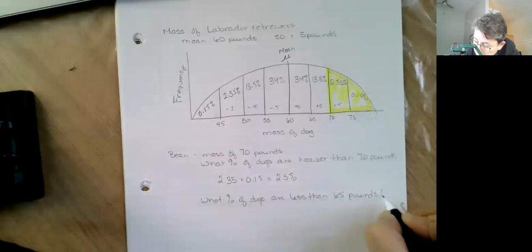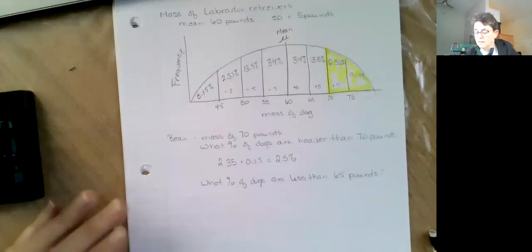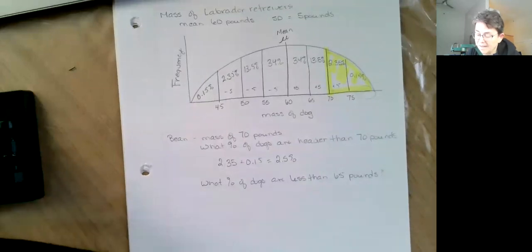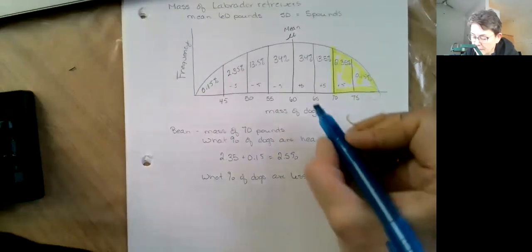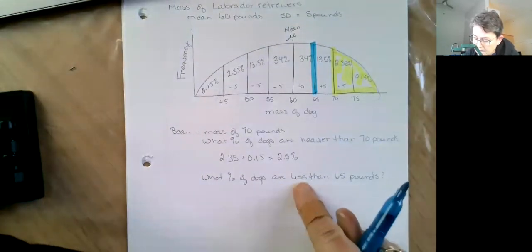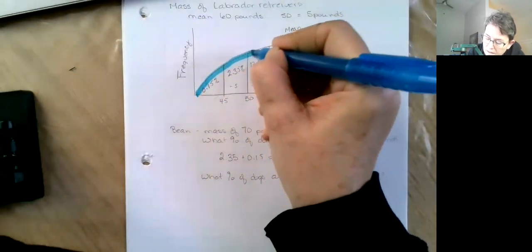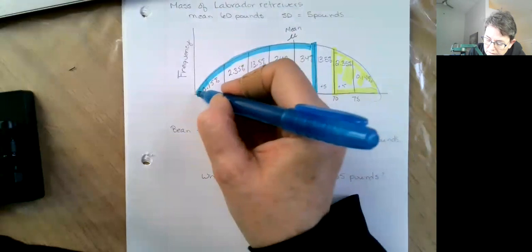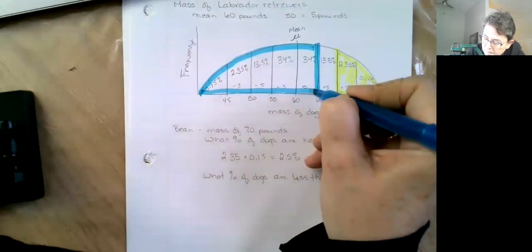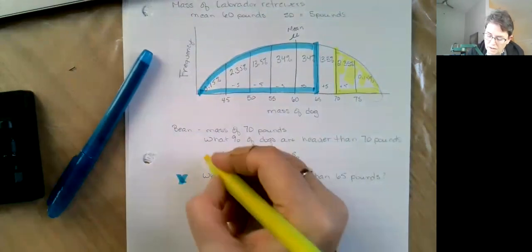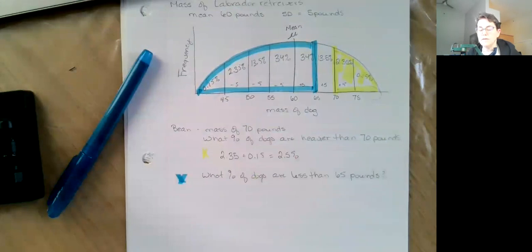So first step, make sure 65 is one of my bottom numbers. I call them my magic numbers because it works so well. So there's 65. Now in this case, it says less than that, which means I want to take all the dogs that are represented in this area, in that blue area. These are highlighters so I know which is which.